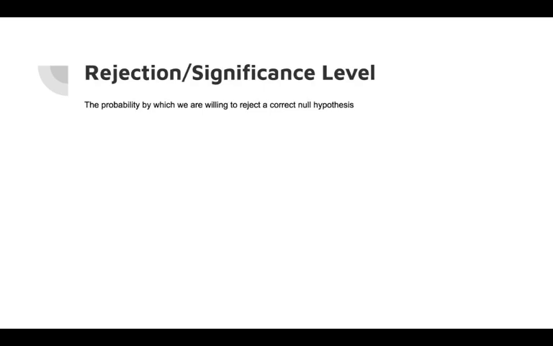The other thing that you need to do at the beginning of your study is set your significance level, or the rejection level. In statistics, you'll see this signified with an alpha symbol. And there are two industry standard significance levels, 0.05 or 0.01.